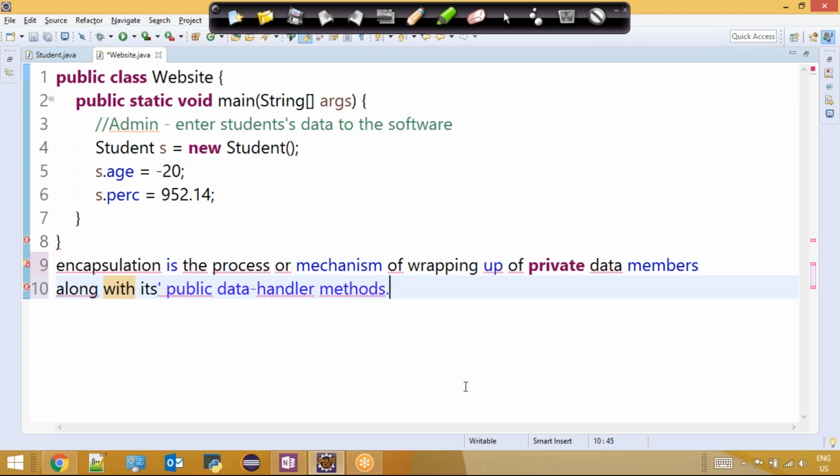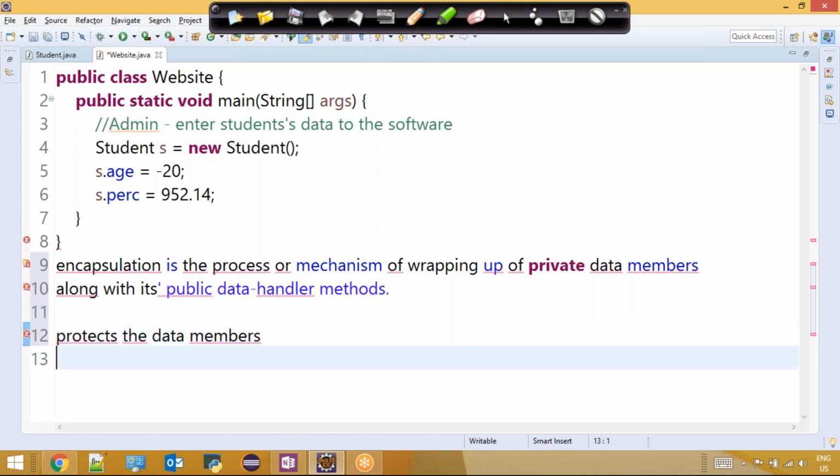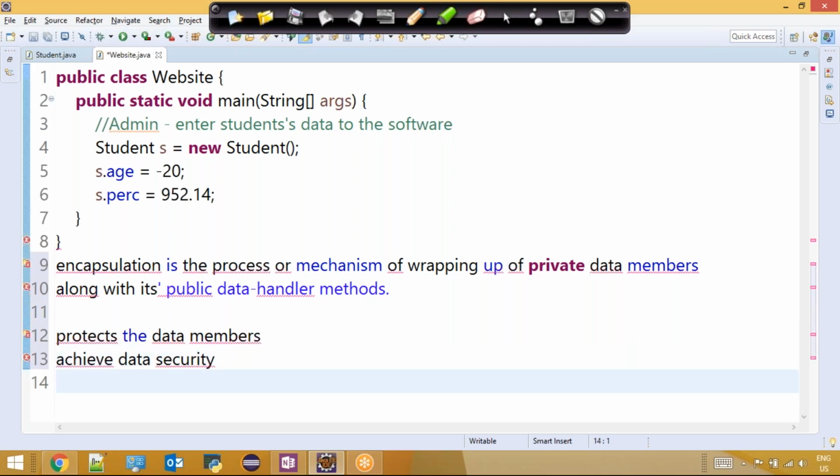I have just explained the concept. See, ultimately, what does this encapsulation concept do? It protects the data members. We can achieve data security.